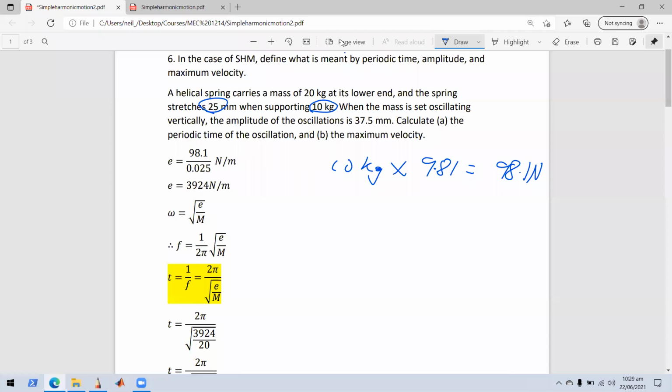Every kg gives us 9.81 newtons of force. 25 millimeters goes to 0.025 meters, dividing by 1,000.